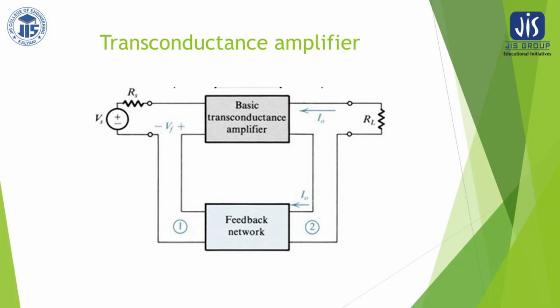So in the next video we will discuss the feedback amplifier, where we will discuss how an additional circuit, which is called a feedback network, could be employed to stabilize this gain, as well as the input impedance and output impedance could be enhanced.